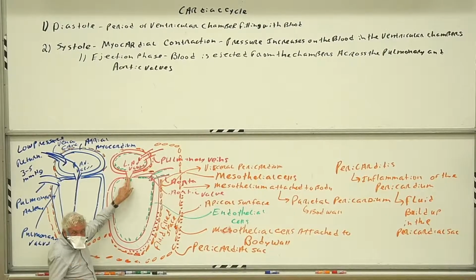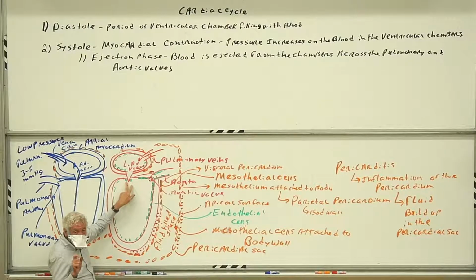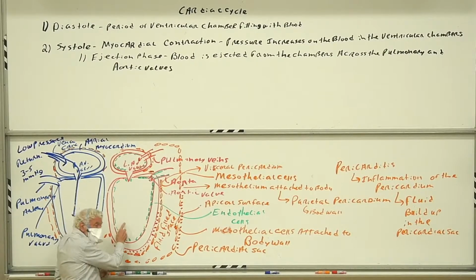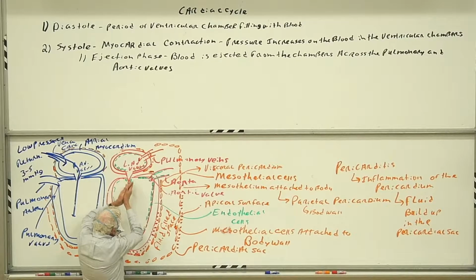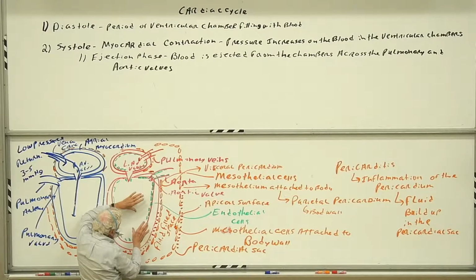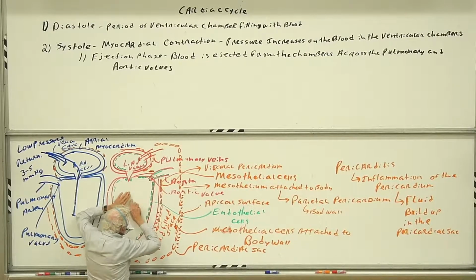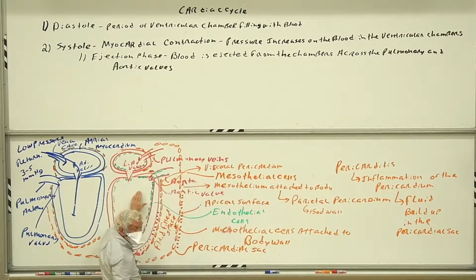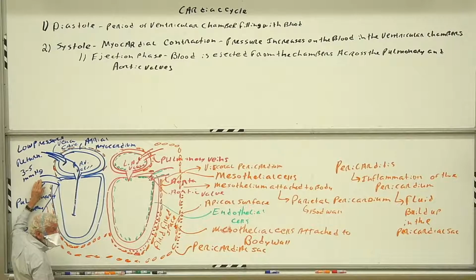If you've ever listened to someone's heart, you know there's a period in between. You hear the lub sound, then you hear the dub sound. That first sound is closing of these AV valves. If you have a stethoscope, sometimes you can actually hear it. You can hear when this valve closes, then there's a delay and the pressure builds and builds, and then you can hear the opening of these valves as a swish of blood out into the aorta and a swish of blood out into the pulmonary artery.